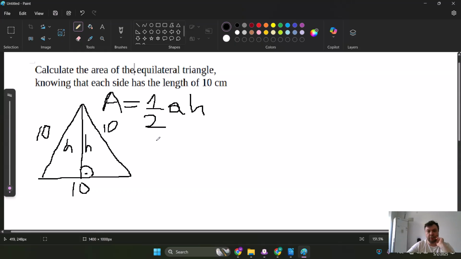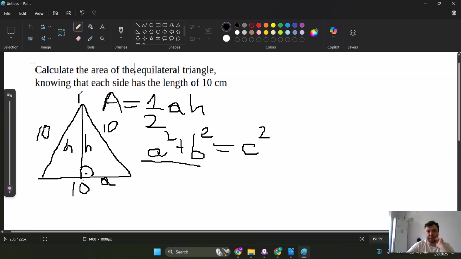the Pythagorean theorem. The Pythagorean theorem tells us that a squared plus b squared equals c squared. So what does it mean? a is the first side, because we have this triangle here.